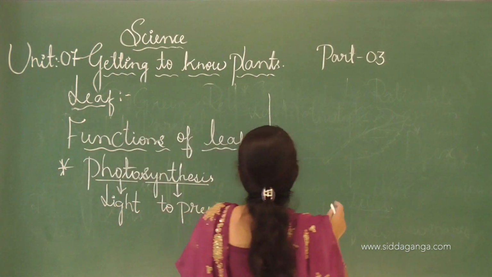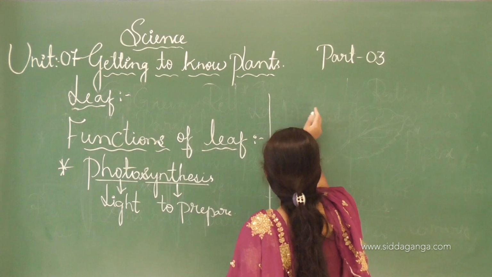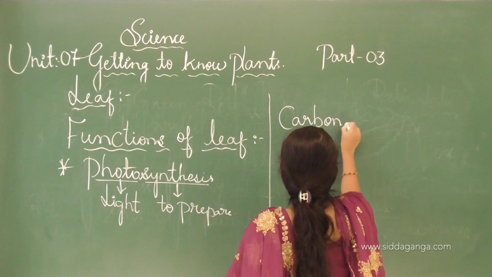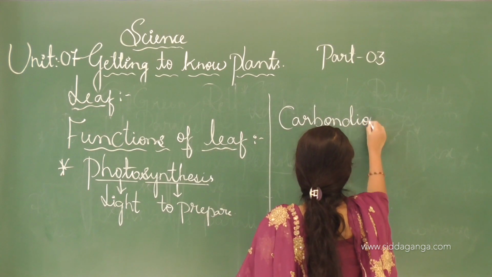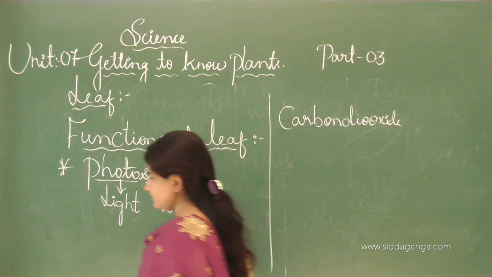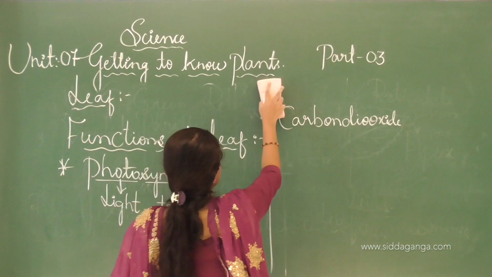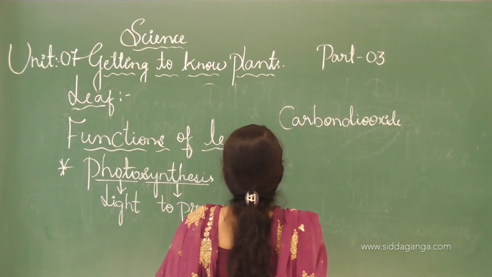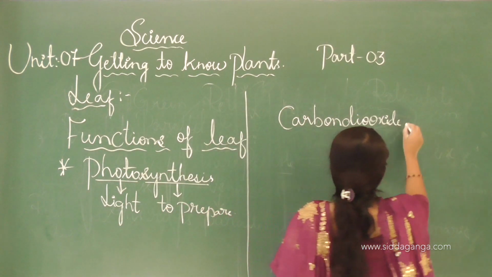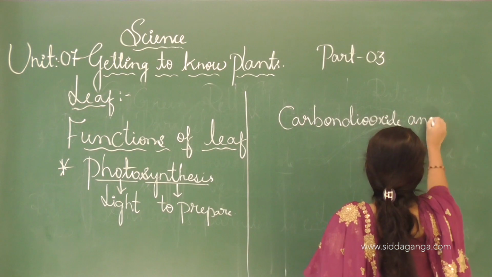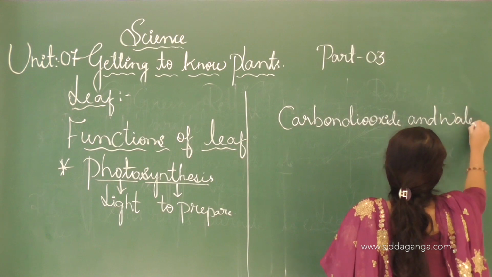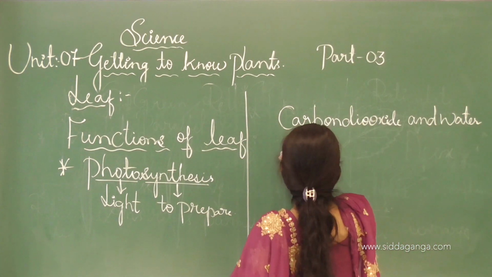I will write the definition here. Plants will take the carbon dioxide and water in the presence of sunlight and chlorophyll pigment.